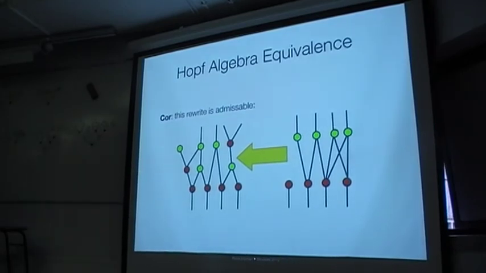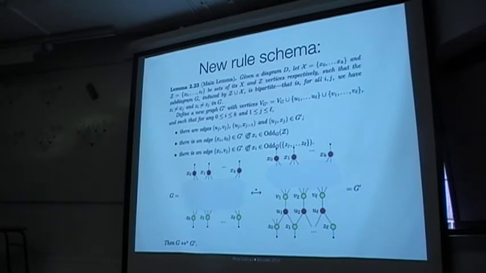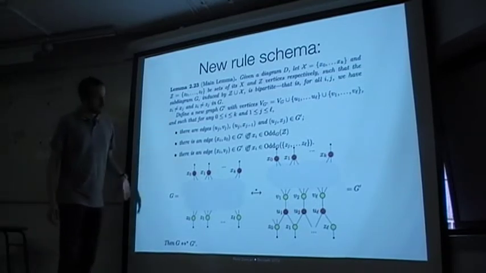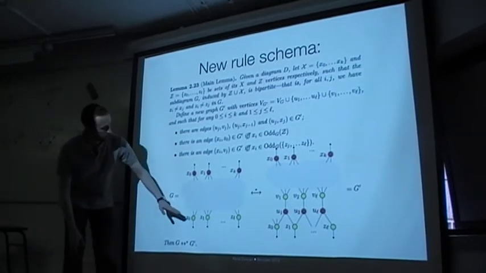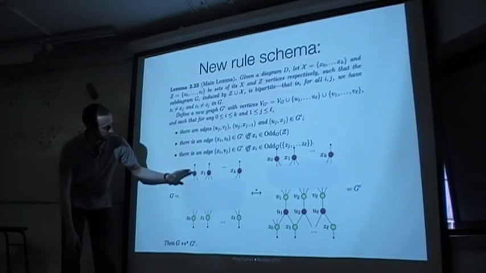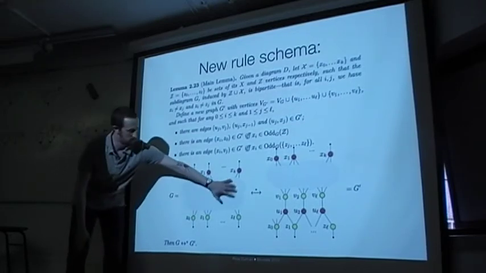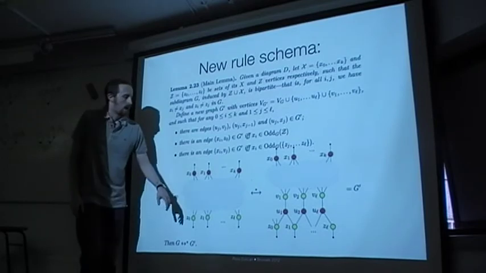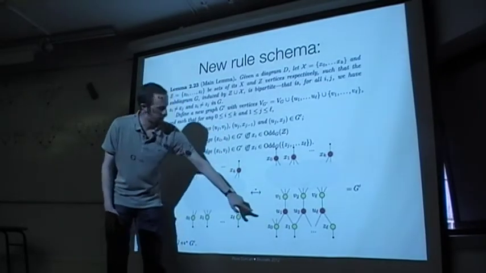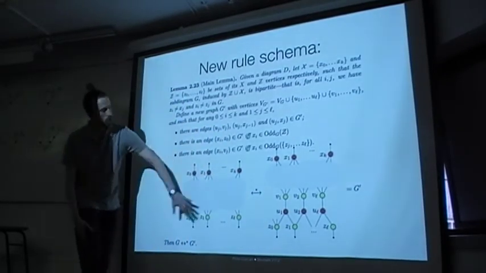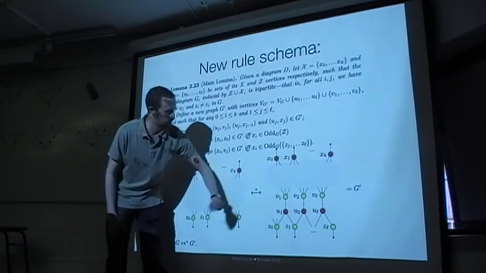So with this idea, I can make the following definition, which is complicated. But the idea is this. I've got some two-colored bipartite graph like this, the connections, whatever they are, and I can rewrite it to something with this shape. So this is my normal form, and I'm rewriting it to something worse.